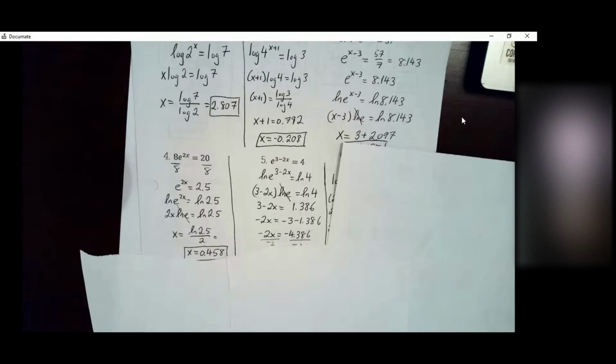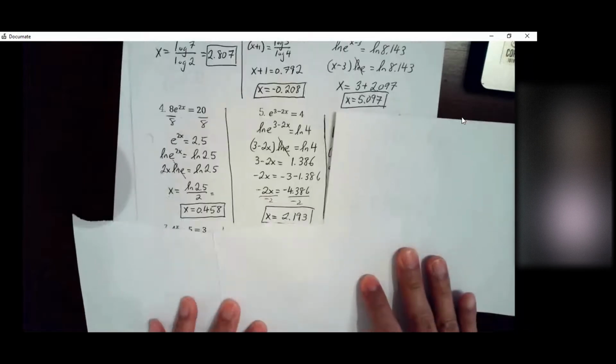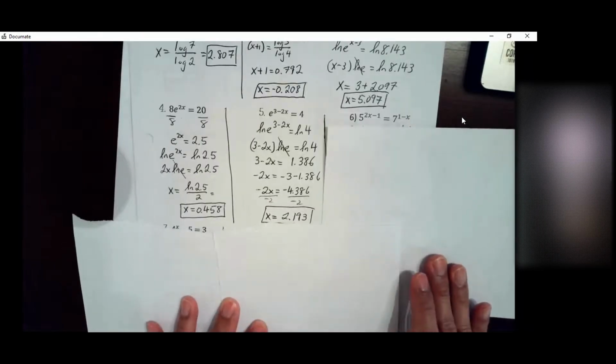So x equals ln 4 minus 3 over negative 2. Yeah, that's right. I found the decimal before that, but you would have gotten the same answer. I got 0.806.